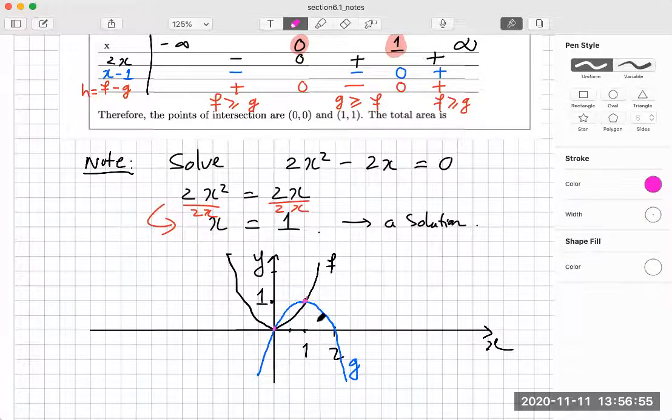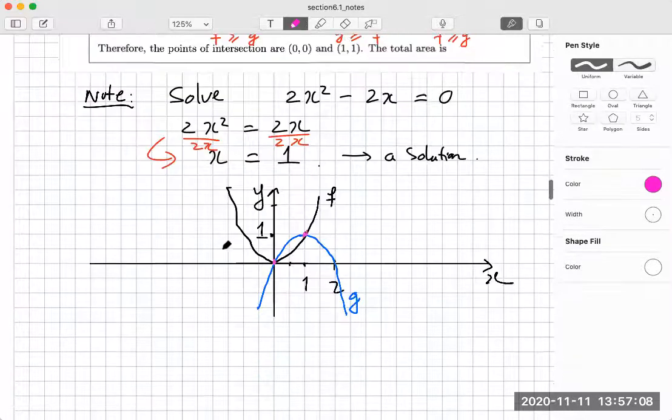And we see that it makes sense. From 0 to 1, g is larger than f, right? g is on top of f here. Makes sense with the table here. Okay? And the area formed by these curves is this area.